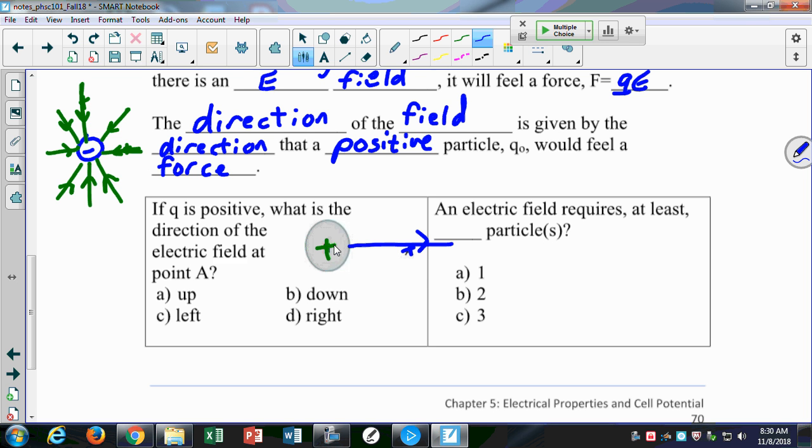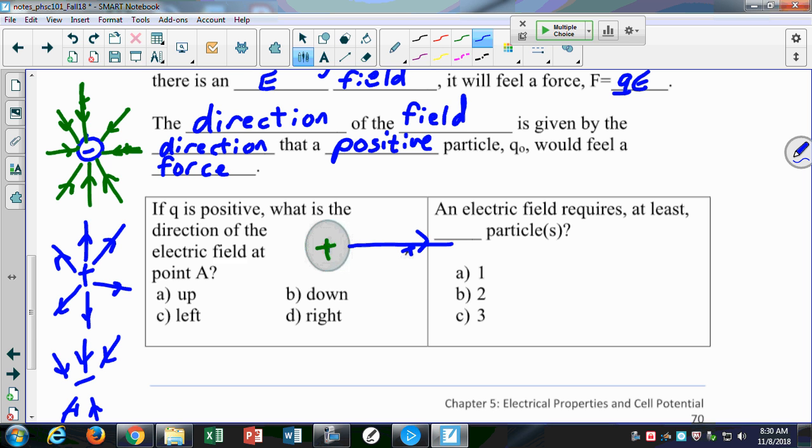So if I have a positive particle, the electric fields are always like this. If I have a negative particle, it's always like this. It's always into the particle.